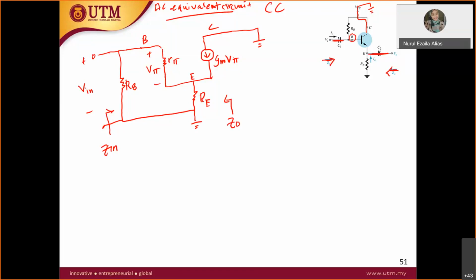Again, what can you see? What are the similarities at the input with the common emitter unbypassed just now? It is the Z in, right? Why do I say that? Because at this point from base to ground, what parameter do you have?